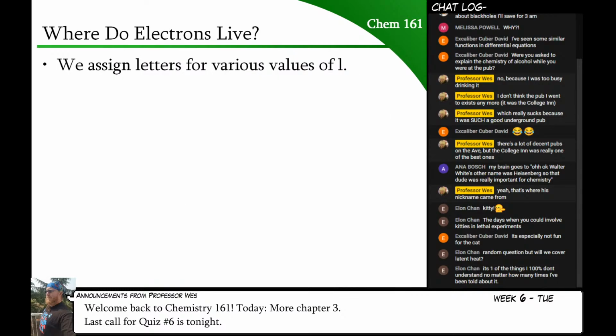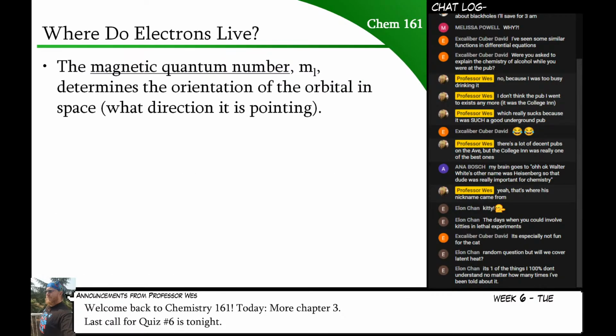What about this next one? M sub L. Oh, we'll come back to this. I'll talk about the letters in a second. M sub L, the magnetic quantum number, is a variable that describes which orientation the orbital has.